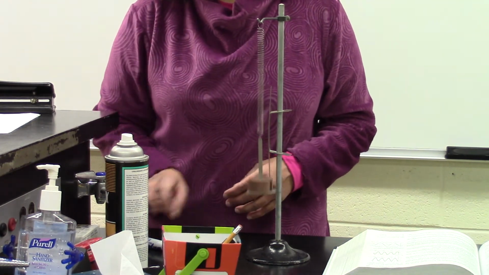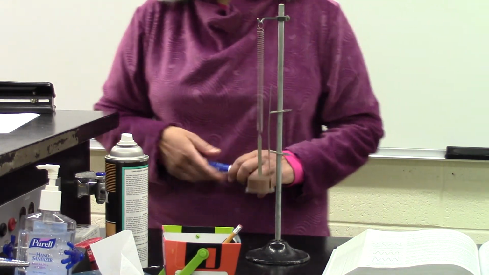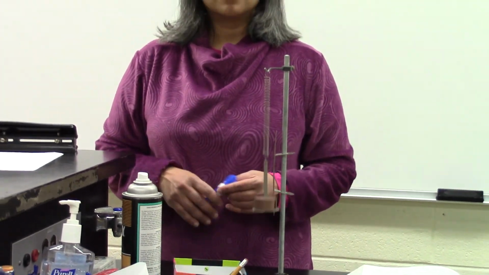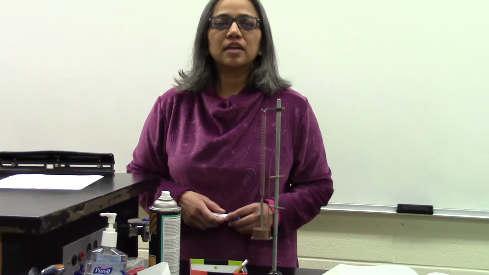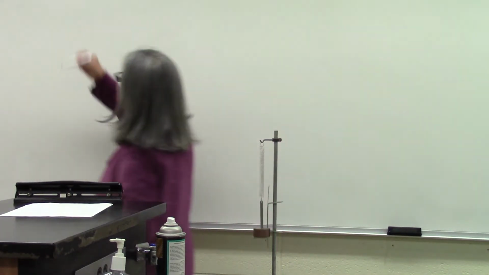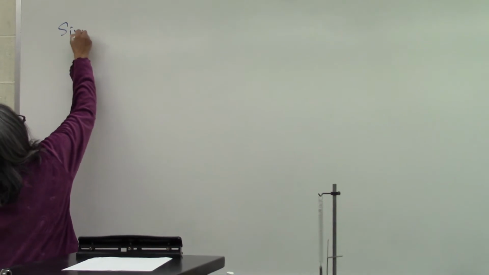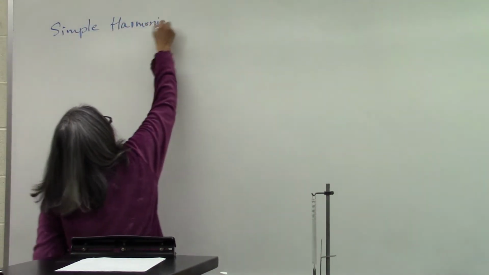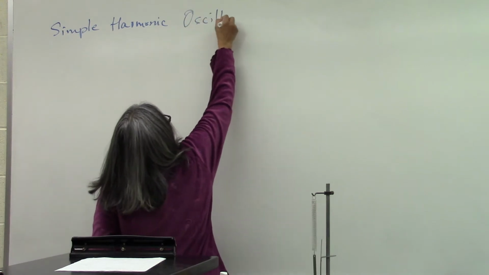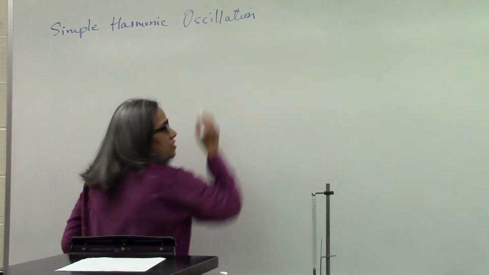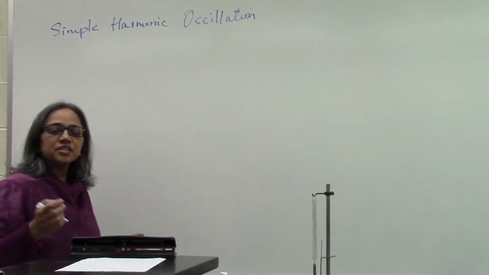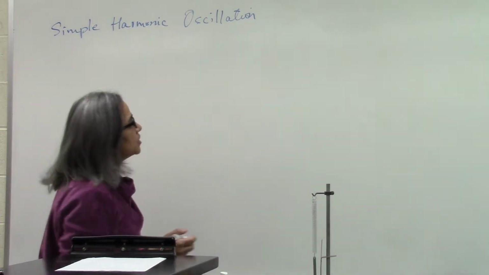But before that, I want to make clear that everybody remembers the difference between oscillation in general and a simple harmonic oscillation in particular. So a simple harmonic oscillation is the simplest kind of oscillation we can have, and it's characterized by the following.